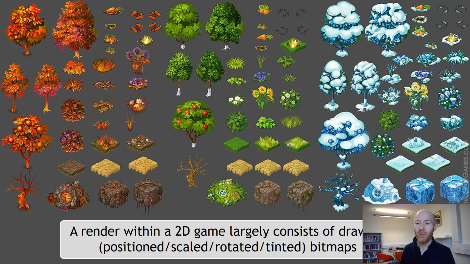So whilst we are thinking about 2D rendering, basically what it means is drawing out lots of different bitmaps to the screen. Nothing really more than that. You can see there positioned, scaled, rotated, tinted. There are different transformations that we may apply to those bitmaps, and we'll see those in detail as we go through things.